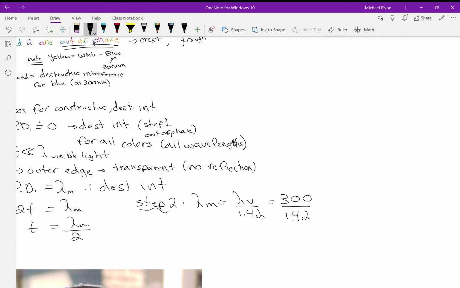In the oil, it will be a different number. So I'm going to take this number 300 and divide it by 1.42. I'm going to leave it in nanometers, by the way. Don't bother putting times 10 to the negative 7, you don't need to. So my answer will be in nanometers. That's 211.27 nanometers. I won't round it too much.